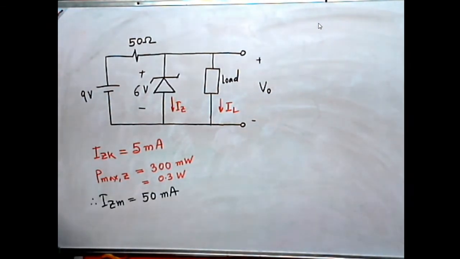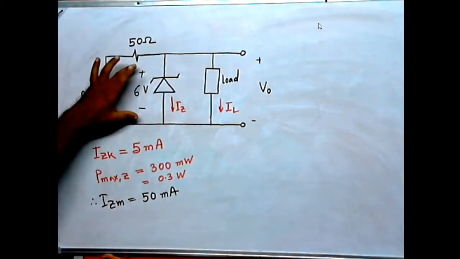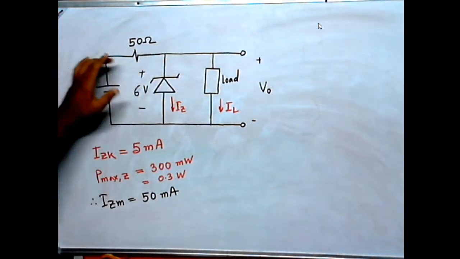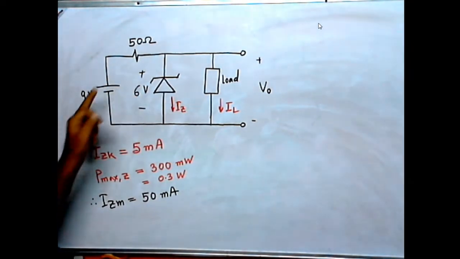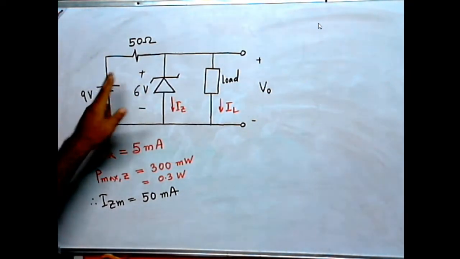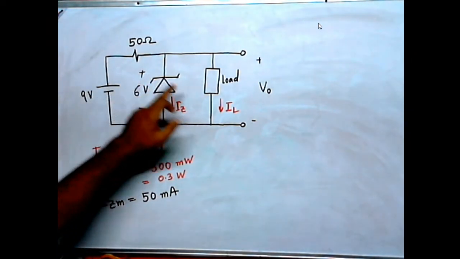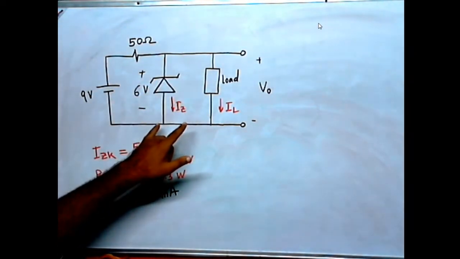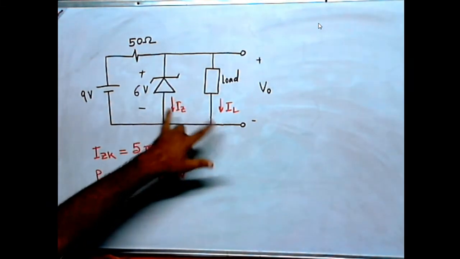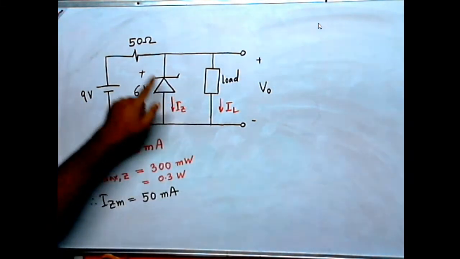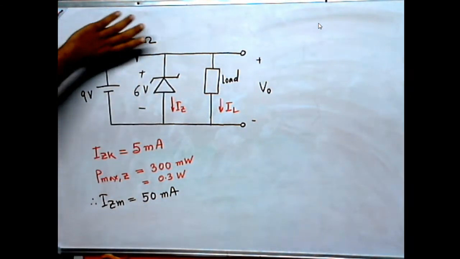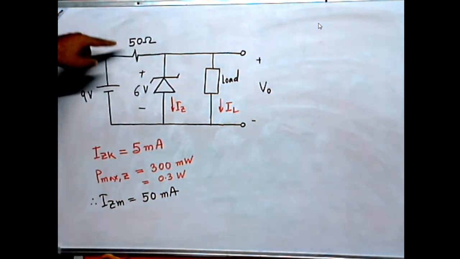Okay, the next thing that you have to understand is that the voltage across this Zener diode is constant when the Zener action is performed. So the current coming from this source is constant. As load varies, the current through the Zener diode will change and the current through the load will change, but the sum of these two currents is constant because this voltage is constant. So the voltage difference across this 50 ohm resistor is constant.